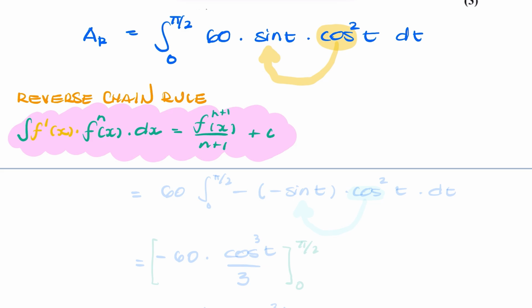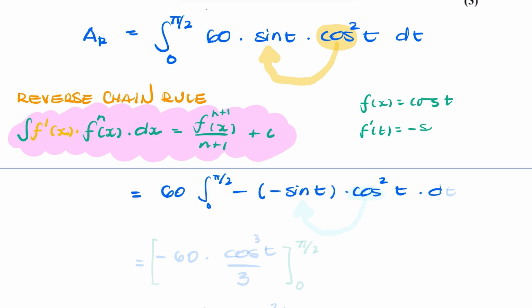So I can rewrite the integration as, let's take the 60 outside the integration. You've got your limits. I've got negative sine t times cosine squared t dt. And now I can say truly that the derivative of cosine is right there.